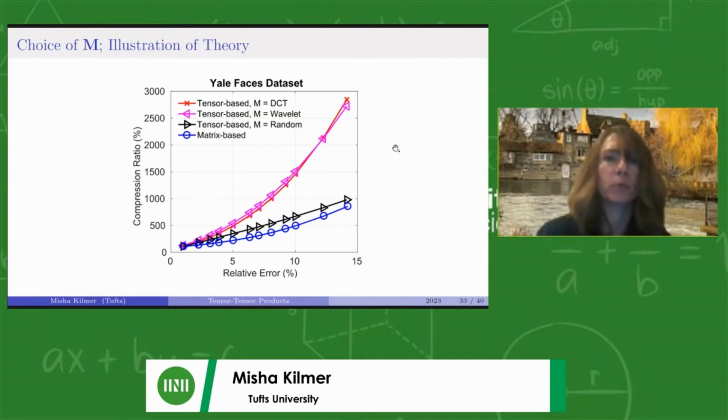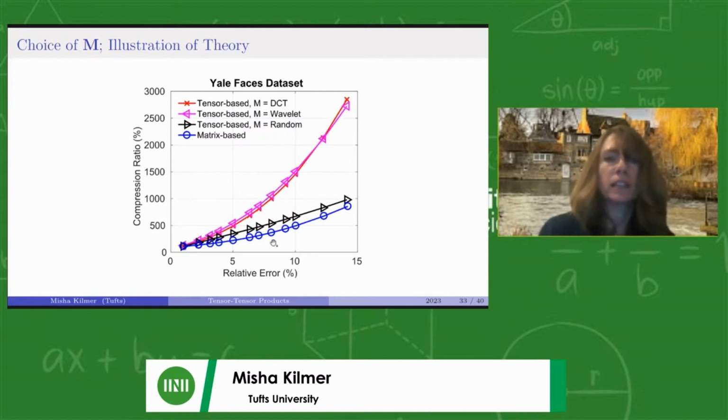Here is the compression ratio versus relative error in approximations for different values of the truncation index on a Yale faces data set. So I can take different choices for the M. I can take a discrete cosine transform, I can take a Haar wavelet transform, or I can just try to take a random orthogonal matrix. And what we see is that in the case where I take M to be the discrete cosine transform or the Haar wavelet transform, I get really good compression even for small relative error.